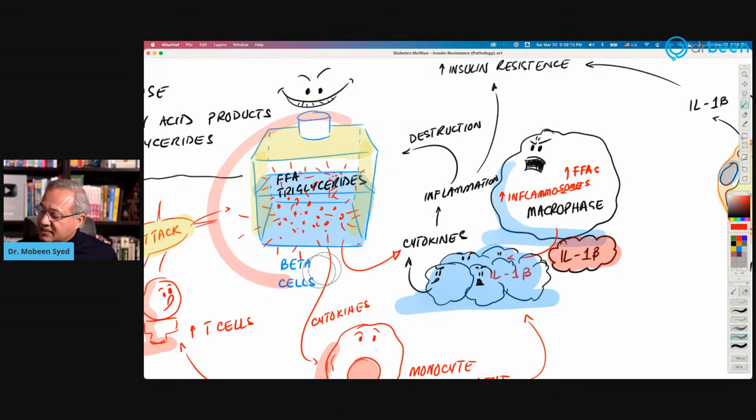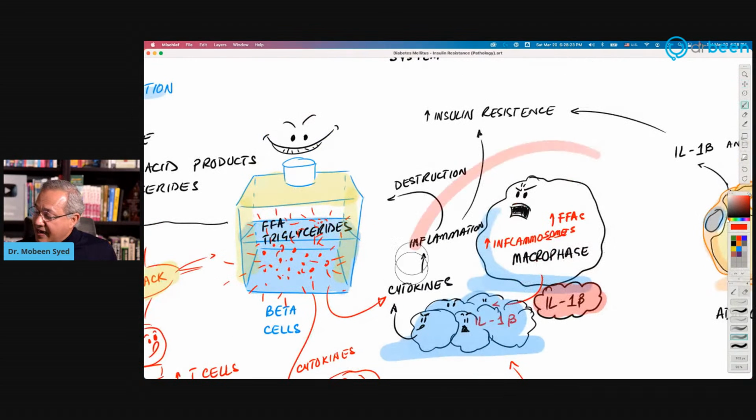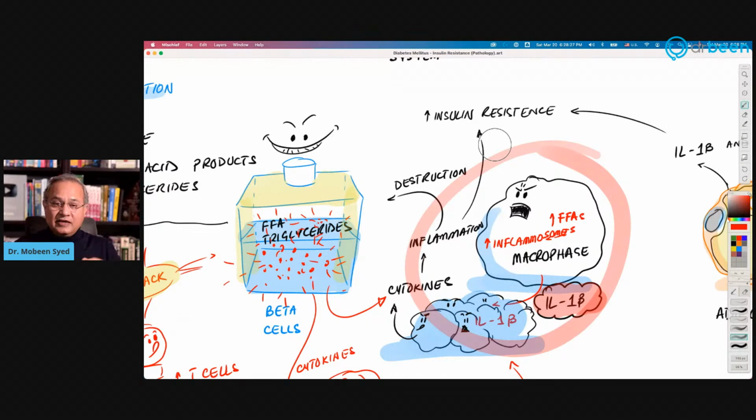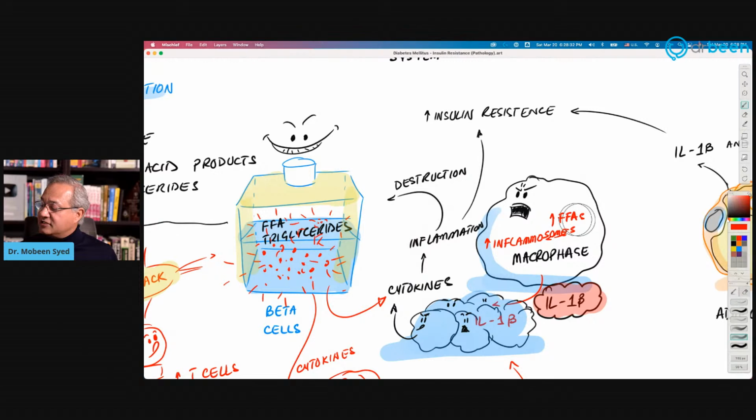So the beta cell, which is more energetic now, is producing cytokines. At the same time, please pay attention here: in every tissue, we have macrophages. They live in every tissue. Now, macrophages are also getting extra energy. Why? Because we have lots of free fatty acids. Let's say I'm obese. I have lots of free fatty acids.